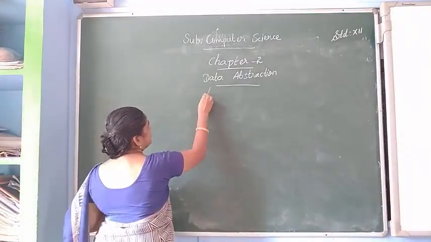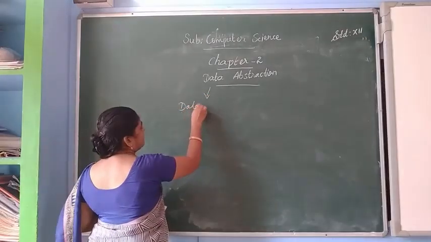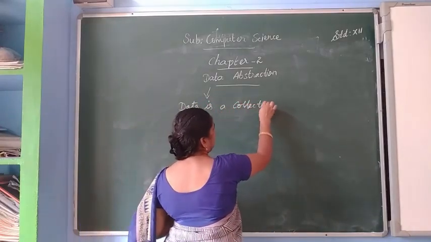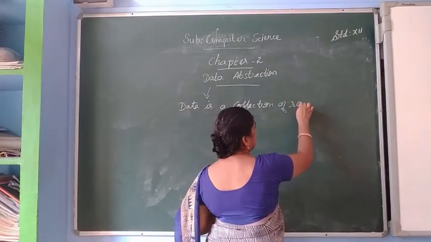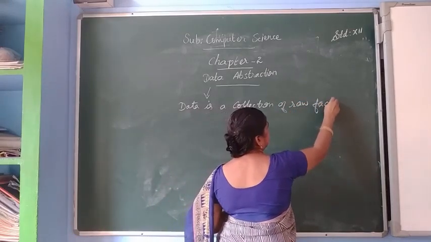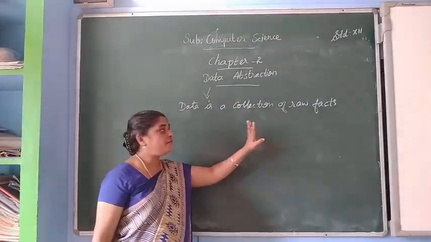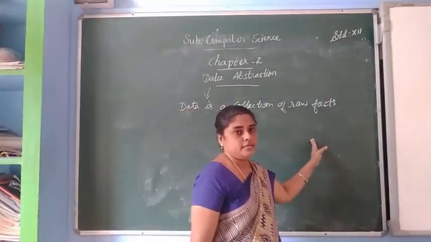What is data? Data is a collection of raw facts.